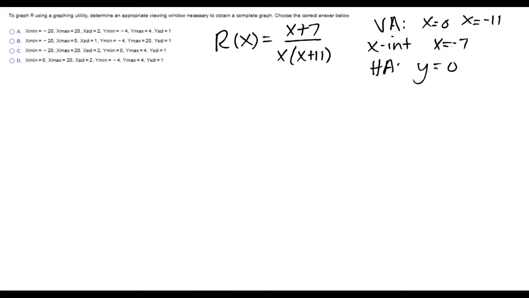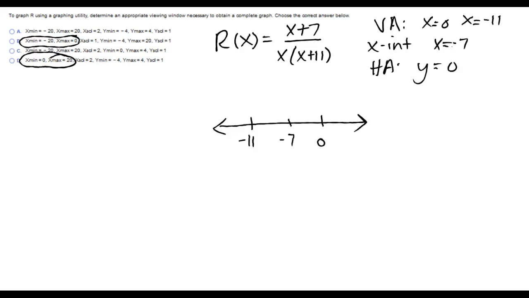So first I'm going to start by eliminating these two choices here. These two choices have an x-min of -20 and an x-max of 0, or an x-min of 0 and x-max of 20. I'm eliminating those choices because when I think about my x scale for this graph, I'm going to have vertical asymptotes at -11 and 0, and that x-intercept at -7.